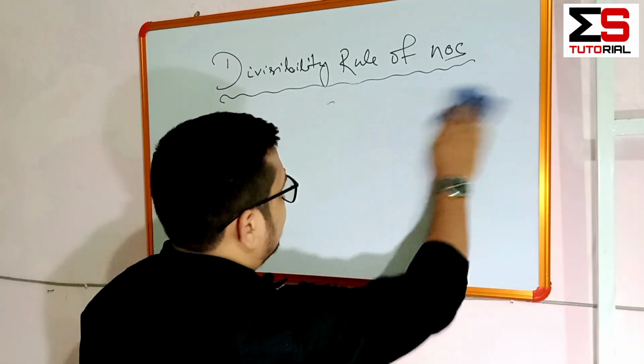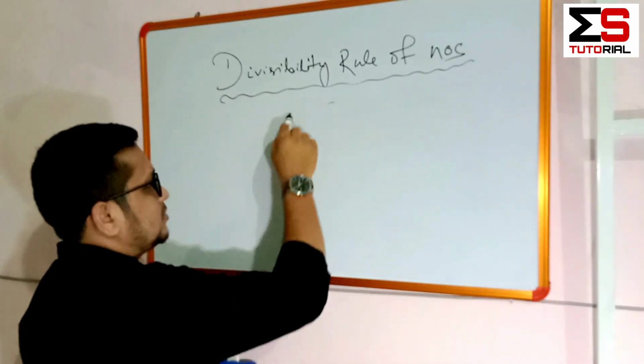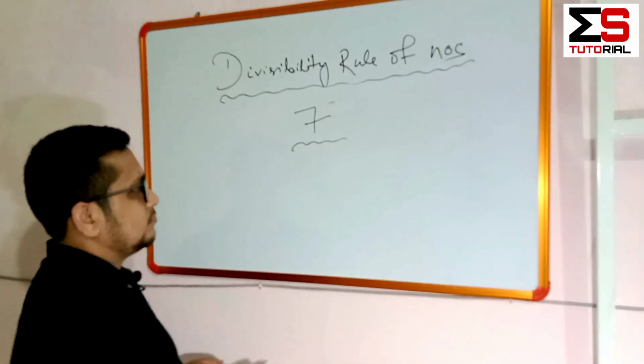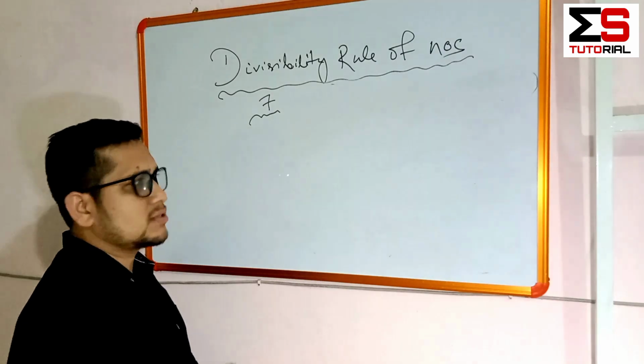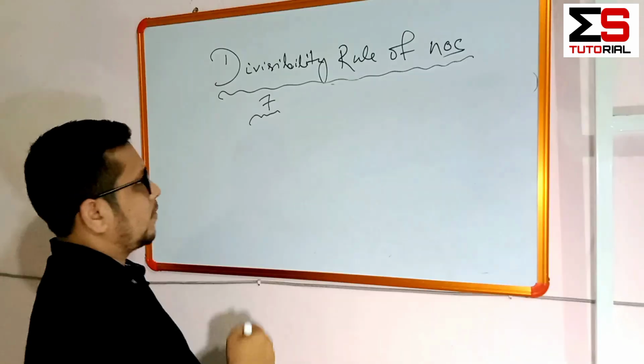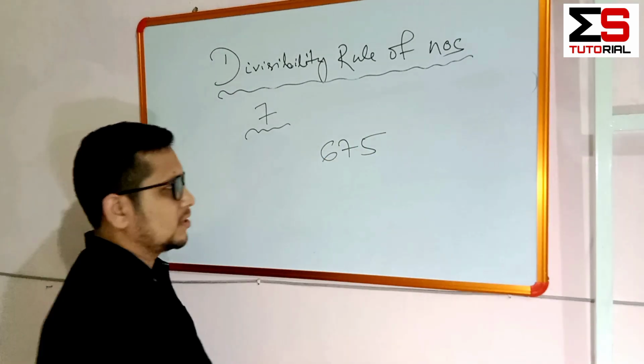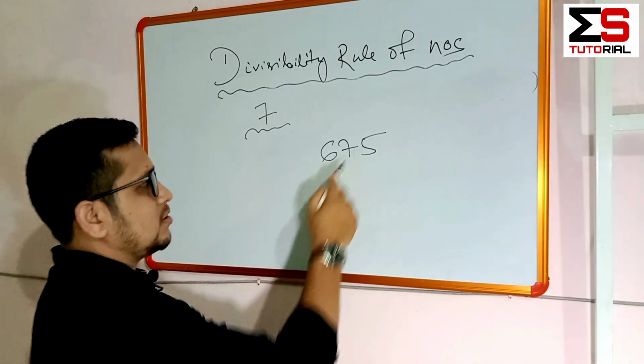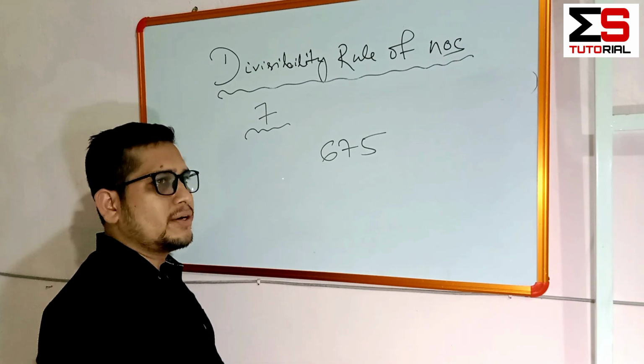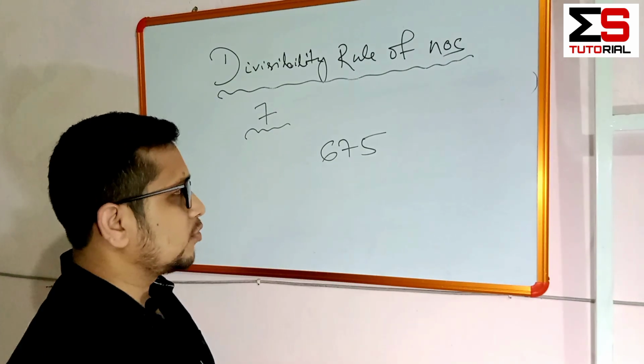Then the divisibility rule of 7. So it is a very lengthy process. Okay, look. So I am taking an example 675. Here 5 is in the unit place and we have to multiply 2 with the number in the unit place.